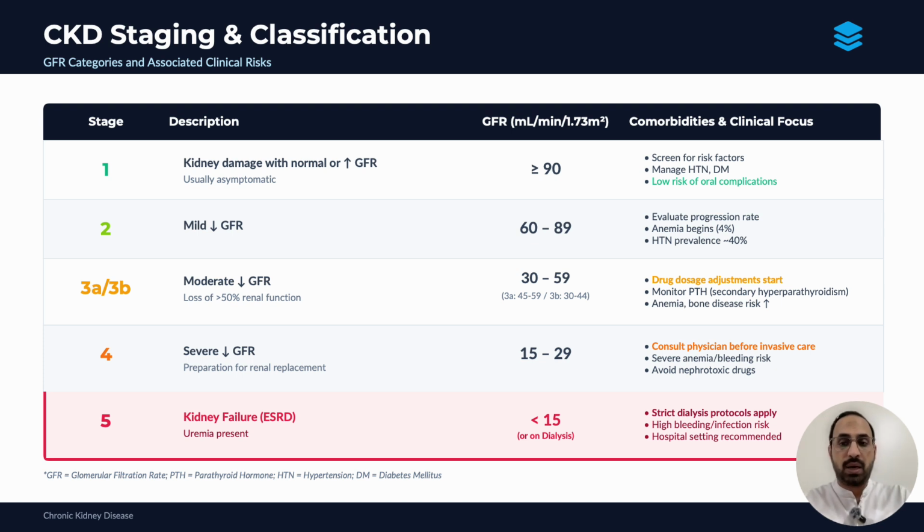The clinical paradigm shifts drastically at stage 4, where severe reduction in GFR means we must consult the patient's physician before invasive care and strictly avoid nephrotoxic drugs. By stage 5, the patient is in renal failure or on dialysis, and at this point, strict dialysis protocols apply due to high bleeding and infection risks.